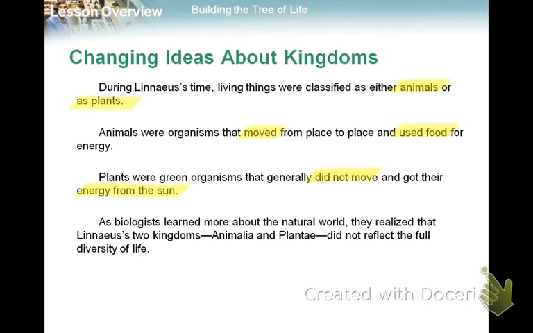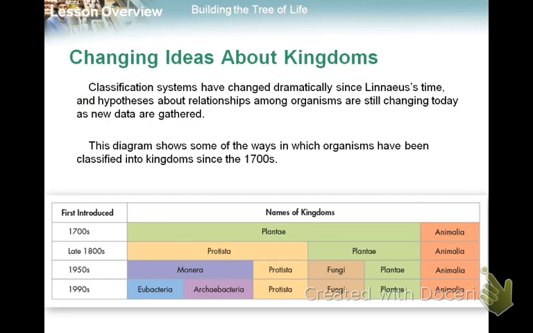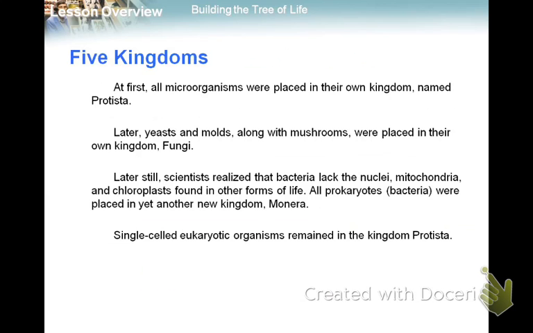As more discoveries were made, knew there was a little bit more to that story. So here's the story of how the different kingdoms came to be. In the 1700s, plants and animals, right here. Then we had microorganisms that were discovered when microscopes started being used, and those microorganisms were called protists, Protista.